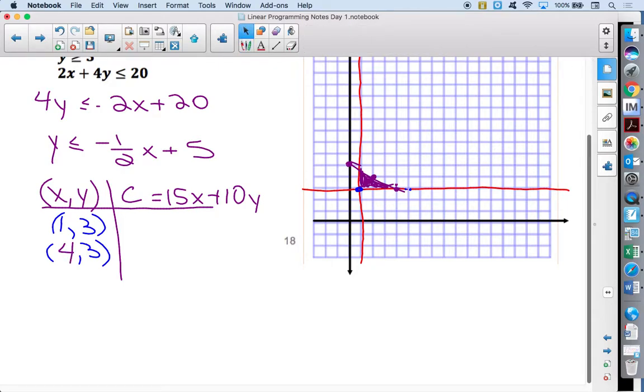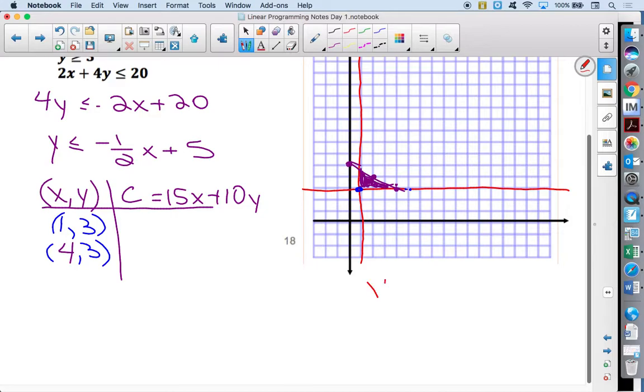Anybody know how you can find this point right here in the middle, when it's not in the corner of a box and it's in the middle between 2 lines? Well, it's just 0.5. Why is it just 0.5? Because it's negative 1/2. So this x value is 1, and my slope is negative 1/2.